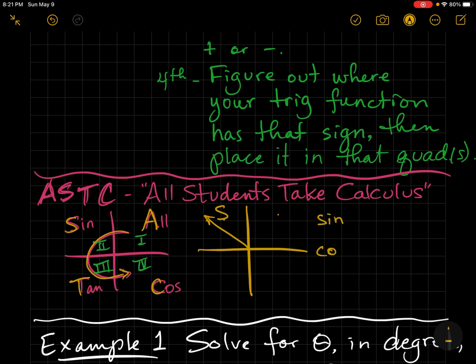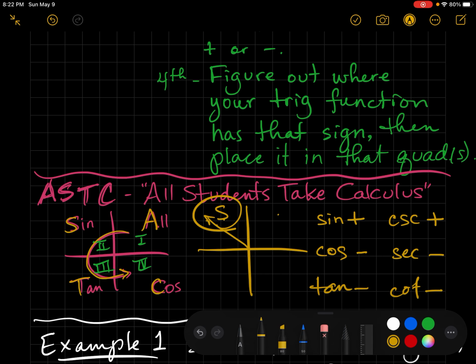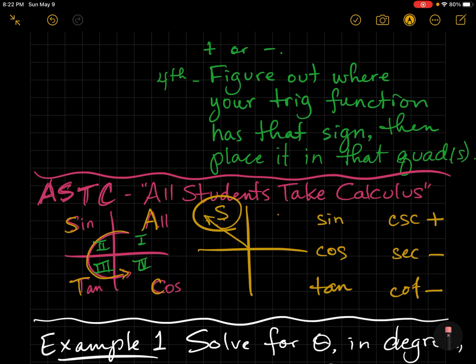So that's the S. That means if you got sine, cosine, tangent, and their reciprocals, if we fall in the sine quadrant, that means sine and its reciprocal are positive, and the other 4 signs would be negative. Okay? Let's do another example just to make sure everybody understands what I'm saying.